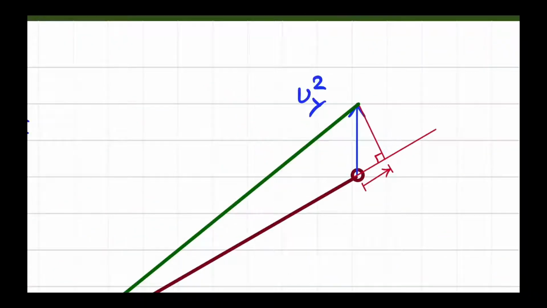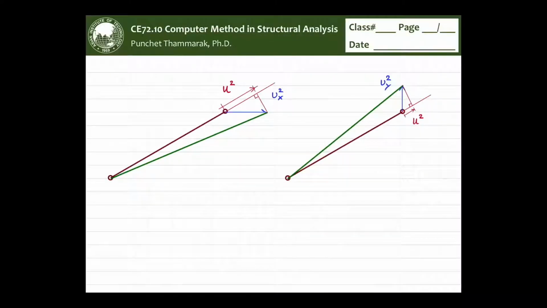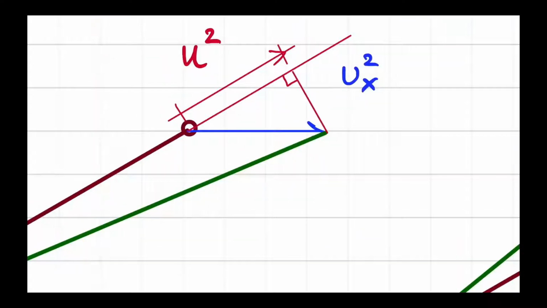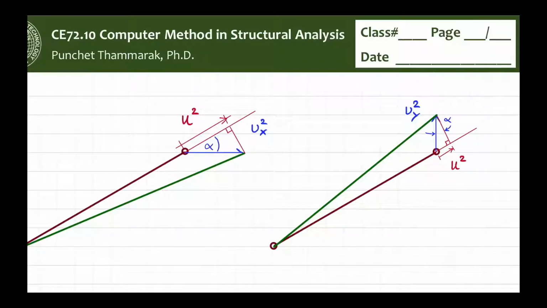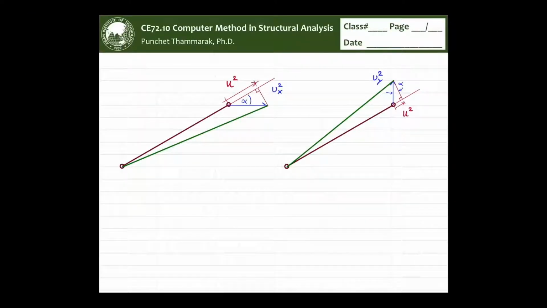Lowercase u2 and lowercase u2. Okay. From this picture, the angle alpha is here, and this angle is equal to alpha. So we write the relationships between lowercase and uppercase displacement variables.